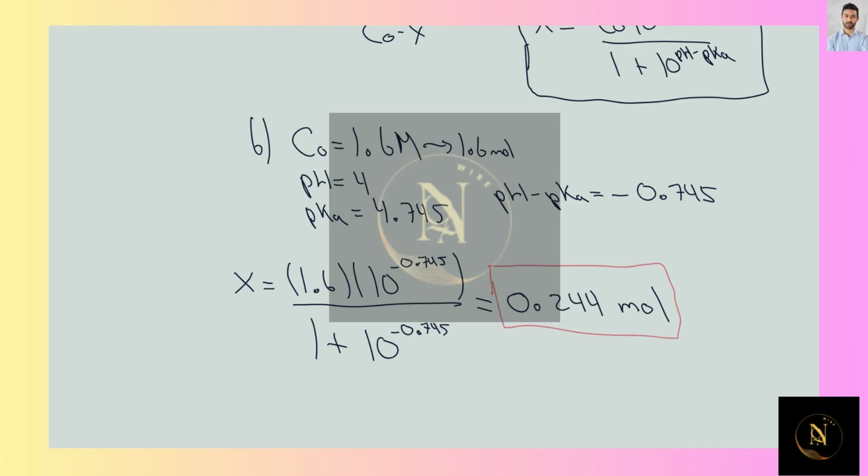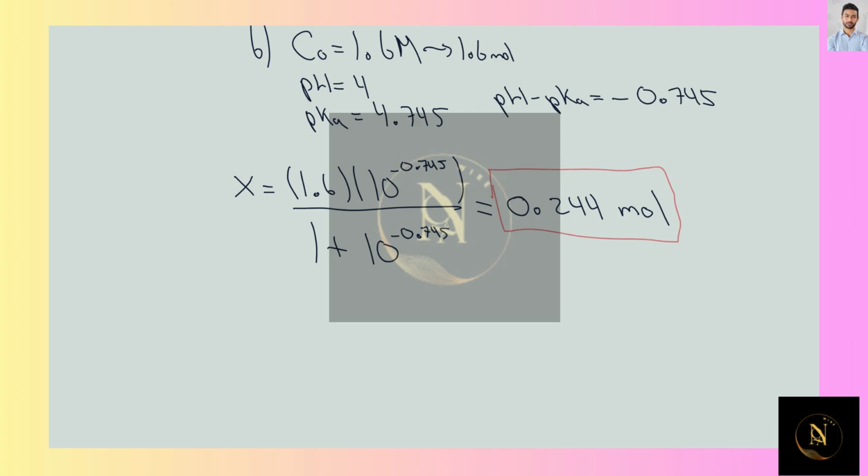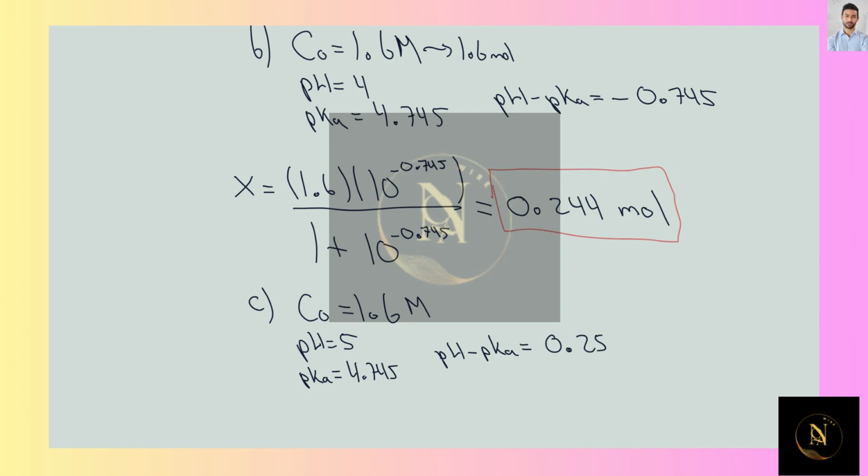Now, in part C, the procedure is quite similar. My initial concentration is the same, 1.6 molar. My desired pH is equal to 5, and pKa is the same, 4.745. So pH minus pKa now is going to be equal to 0.255.